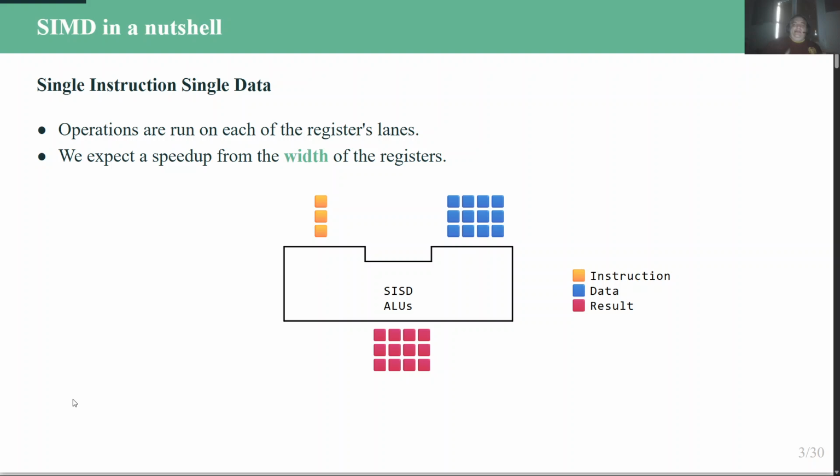And the idea is that those instructions operating on those data produce the same amount of results with a cost in cycles which is basically roughly the same as the SISD machine. And so what we expect when everything will be okay is to get a speed up coming from the fact that the registers are wider than regular ones.